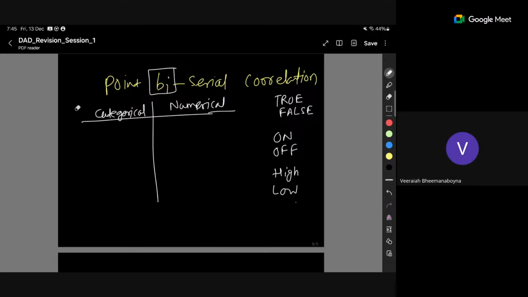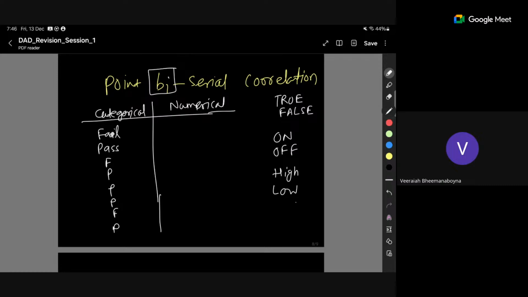Here it's mentioned whether somebody has passed or failed, right? So let's say fail or pass. I'll just write F for fail and P for pass, P, P, P, F, then P. So let's say this much data is there for the categorical type. Two categories, either pass or fail.